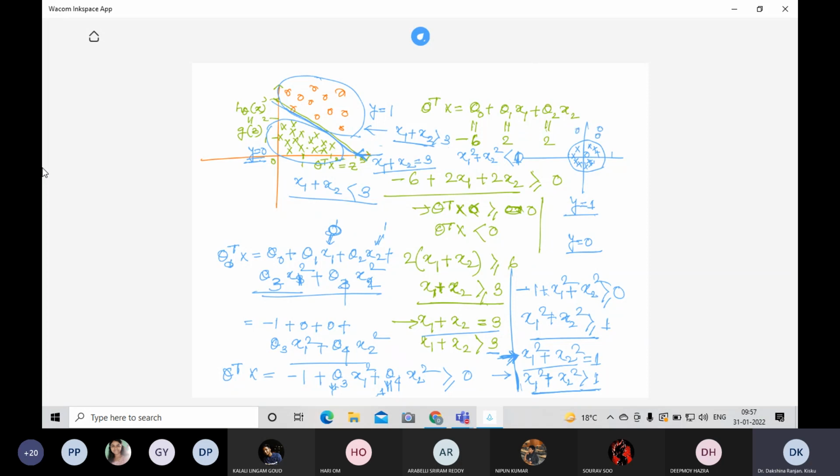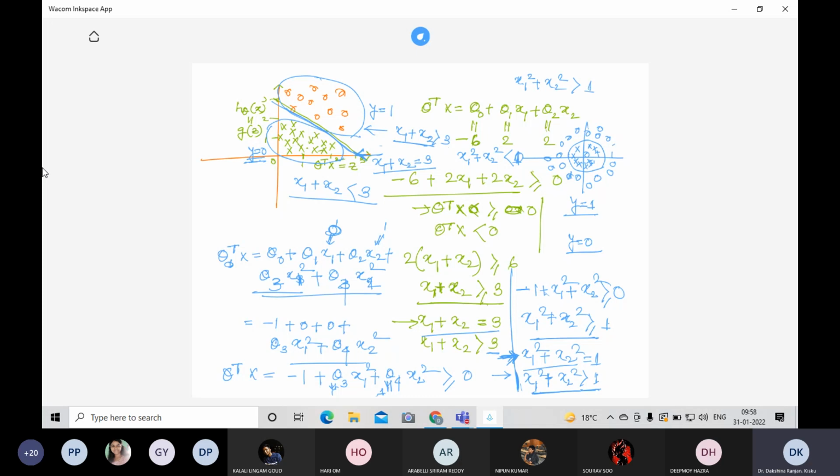There will be a few data points found outside the circle, and these will have the class label y equals 1. For those data points we can write x1 square plus x2 square greater than 1.